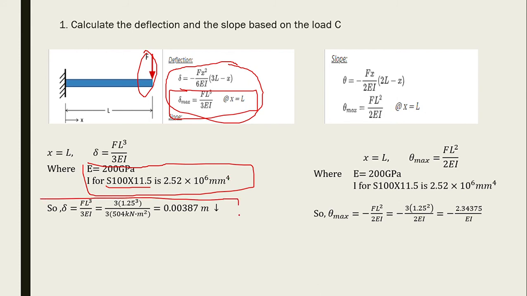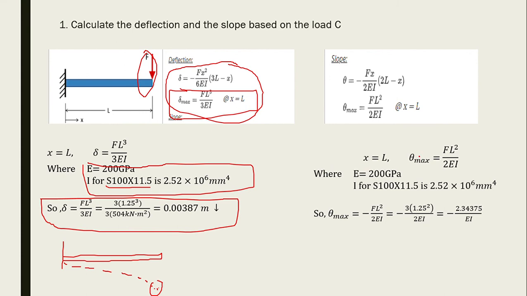Then we got the deflection equal to 0.00387 meter. It is downward, so we draw it like this. It is the deflection.